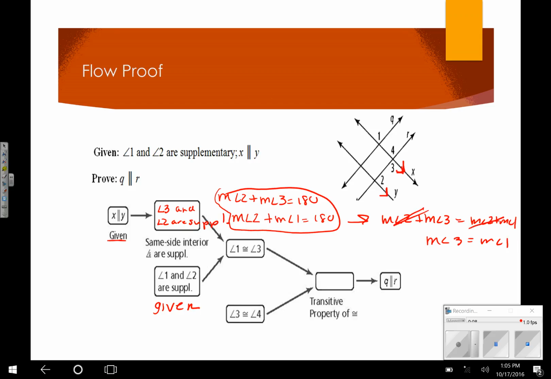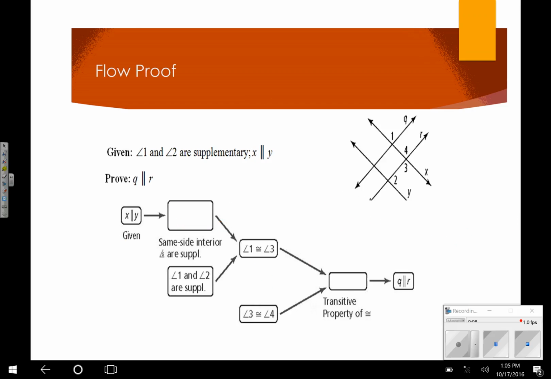And so this would be a whole bunch of reasons. It would be from definition of supplementary to subtraction, okay, to definition of congruent.